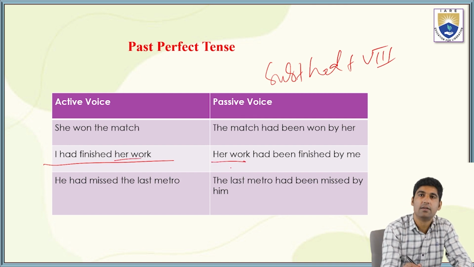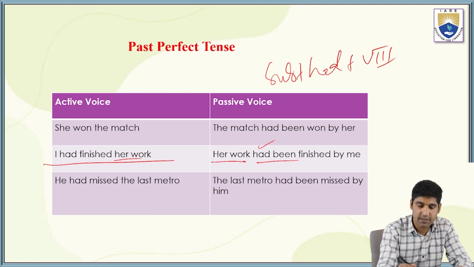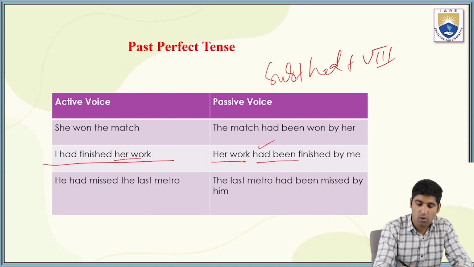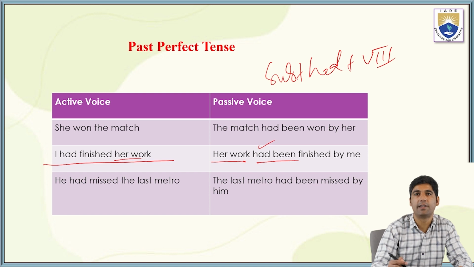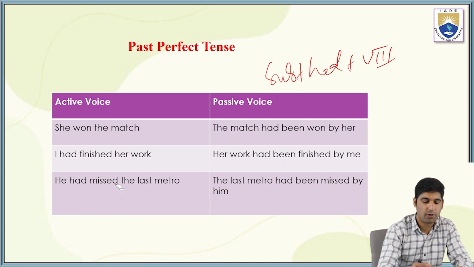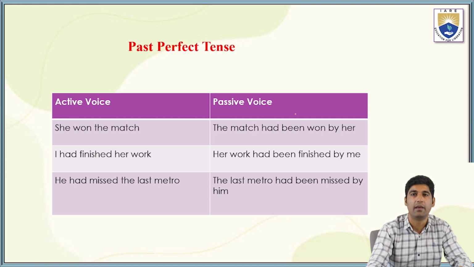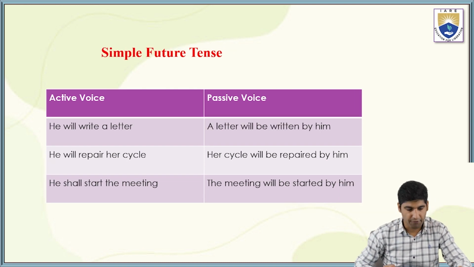Her work had been, had, because it is past tense, finished by me. So "I" will be converted into passive, so it will be "me". This is about past perfect.